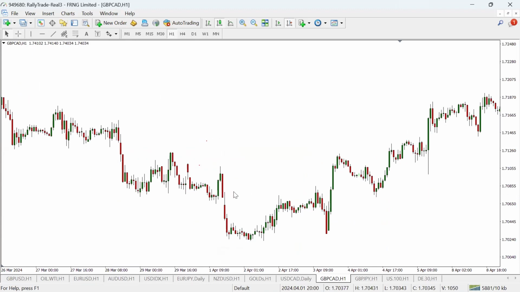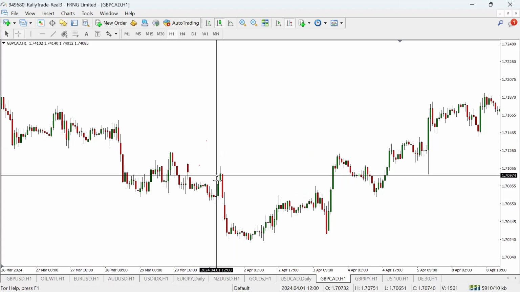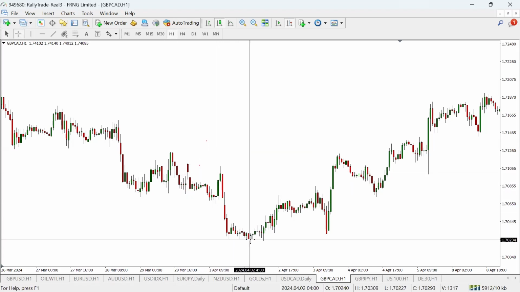Now, for me to say this trend has changed, the price will have to break above the last lower high in this market, which is this one over here. This is the last lower high, and this is the new lower low.